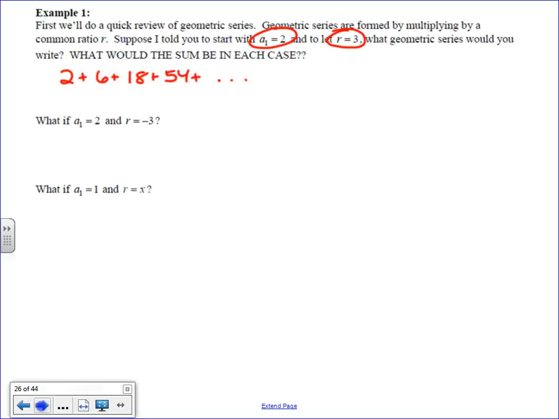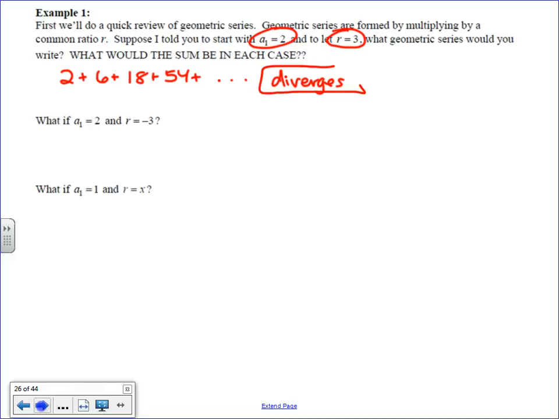What's my sum? Look at it. 2 plus 6 plus 18 plus 54, because I start with 2 and I say times 3 times 3 times 3. R is 3. Does that converge or diverge? Diverges. If it diverges, is there a sum? No. Trick question. Diverges, therefore no sum, right?